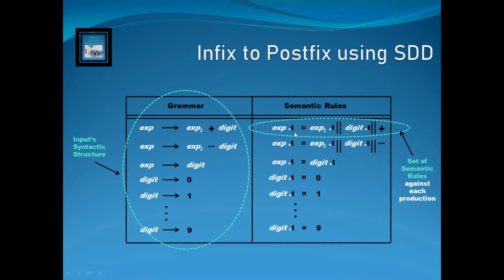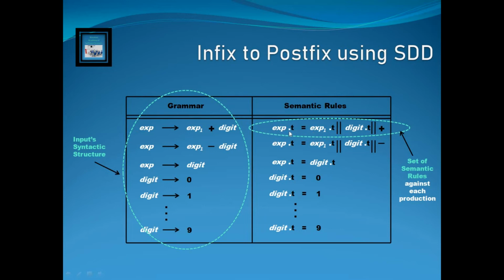If this attribute t is associated with this grammar symbol exp, that is, we write exp.t, it is showing the postfix form of this expression. And exp1 means the sub expression; exp1.t is showing the postfix form of this sub expression.